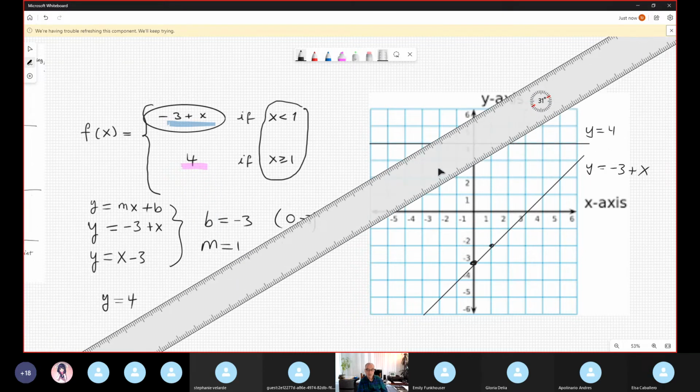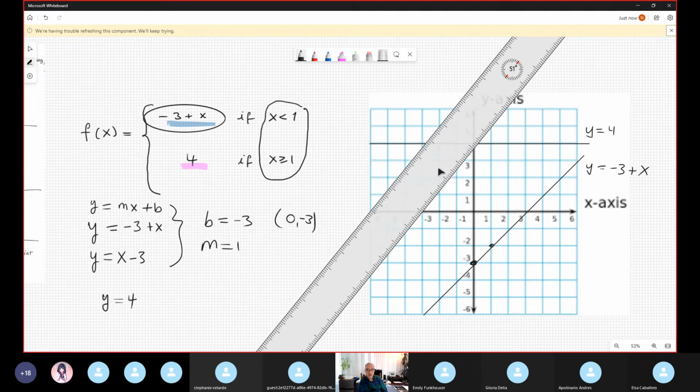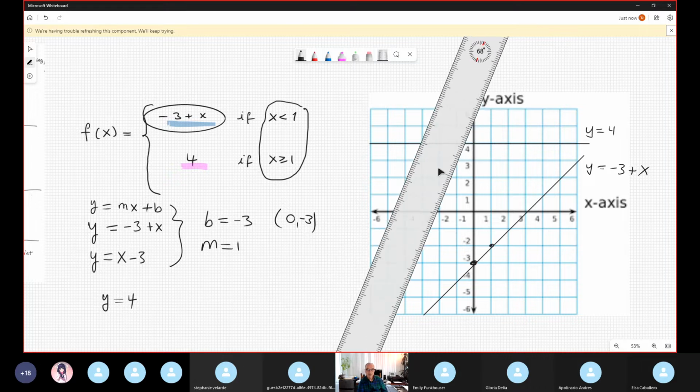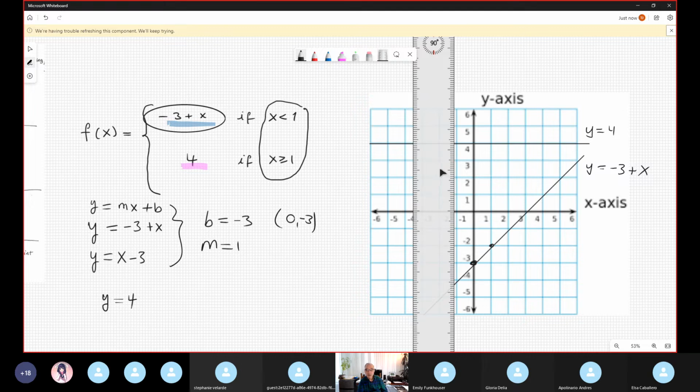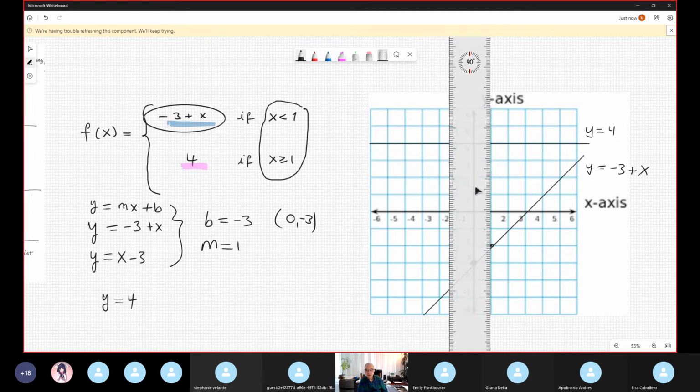It's a vertical line, vertical 90 degrees, at 1. However, by convention, I draw it as a dotted line, because it's just an imaginary line that splits the plane XY into semi-planes.